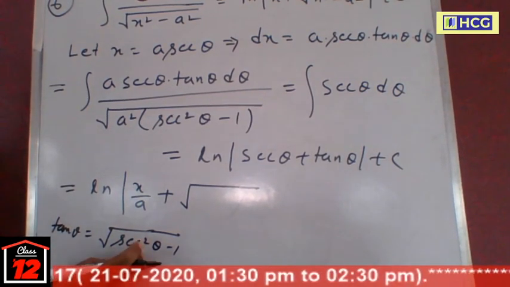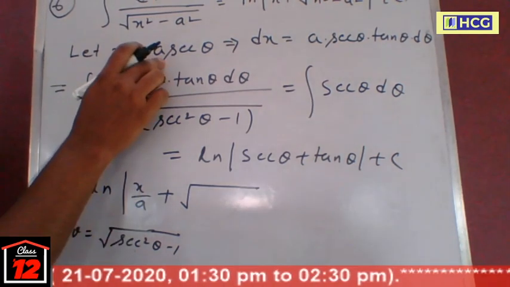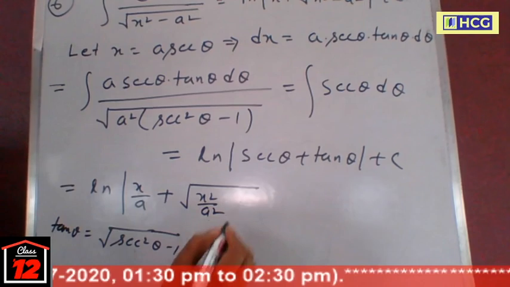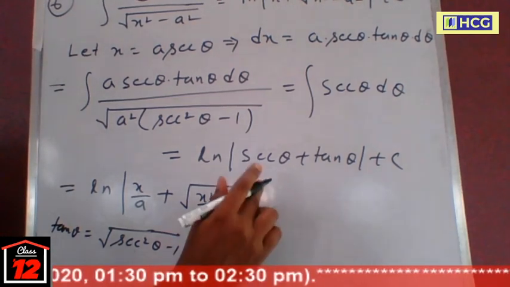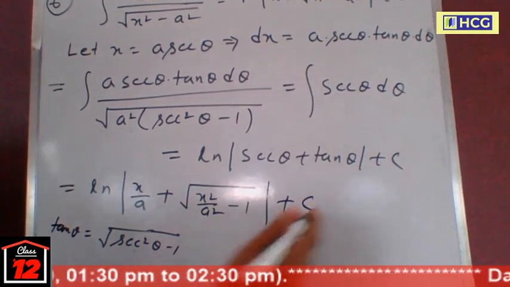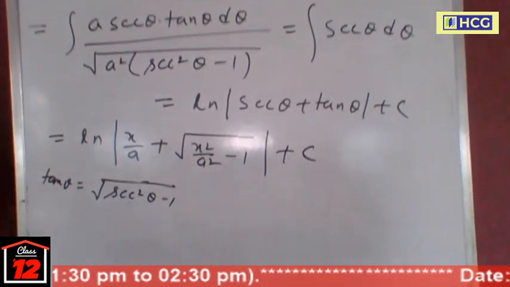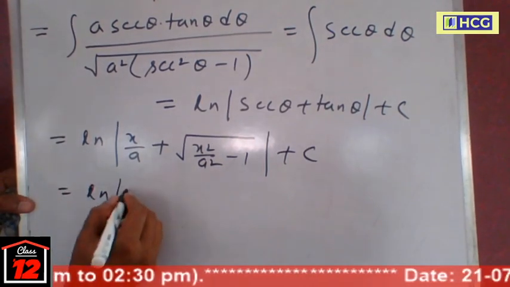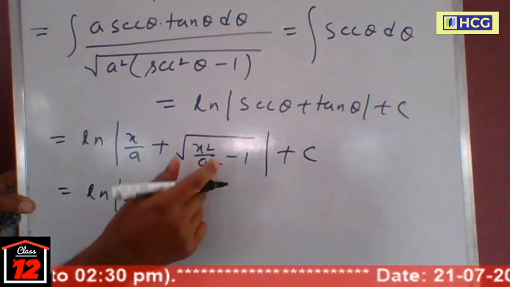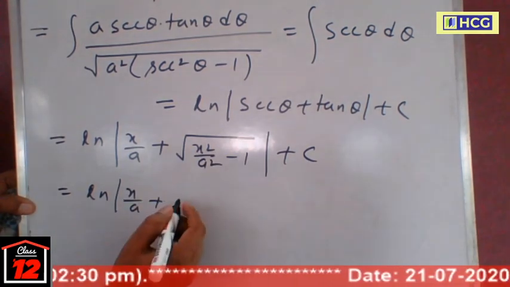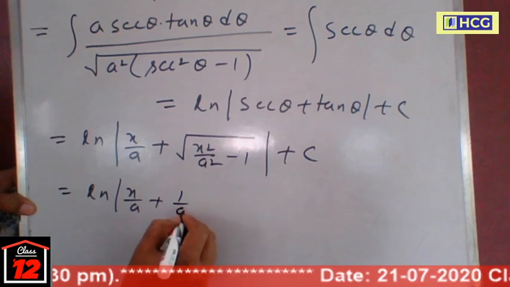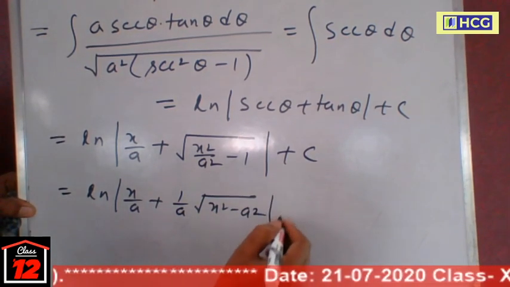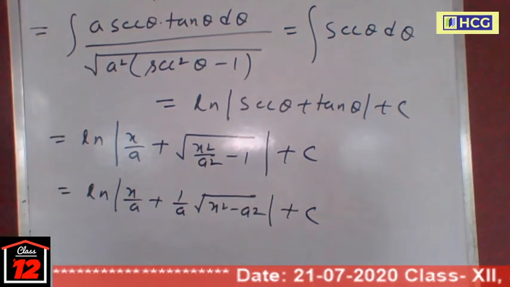So this is the square root of x square by a square minus 1, plus c. Now this equals ln of x by a plus, taking a square as the LCM, 1 by a square root x square minus a square, plus c.